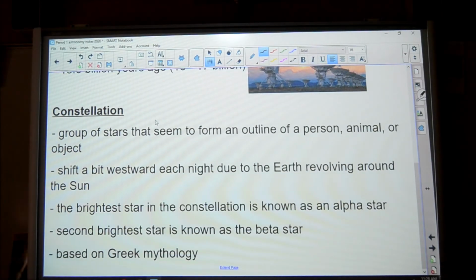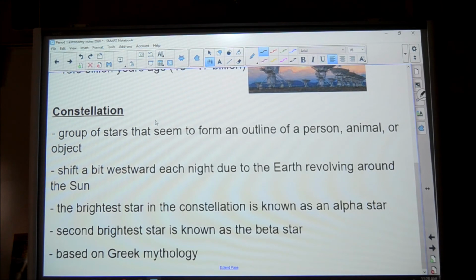All right, constellations was a vocab word for you. Remember, it's a group of stars that take on an image. If you're looking at your constellations, you'll notice that they shift a little bit westward every night. That's because the Earth is revolving, so your frame of reference is different. Your constellations are based on Greek mythology.